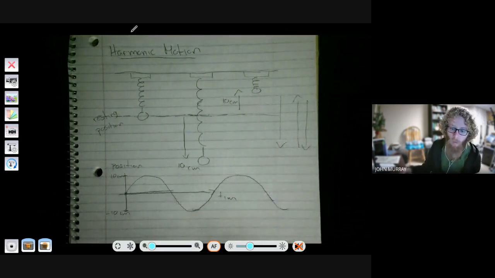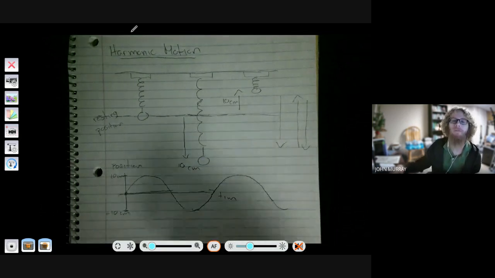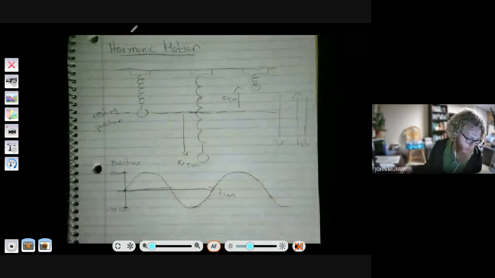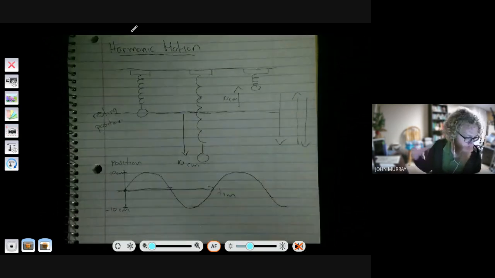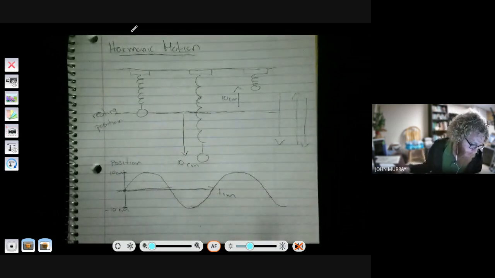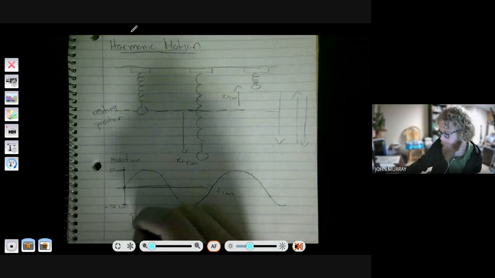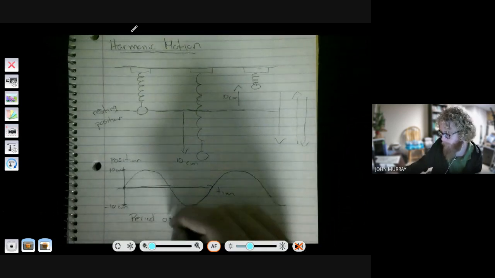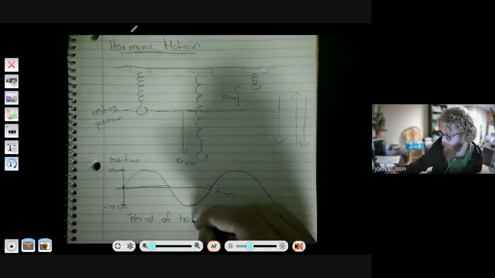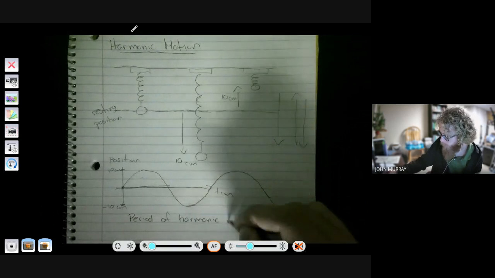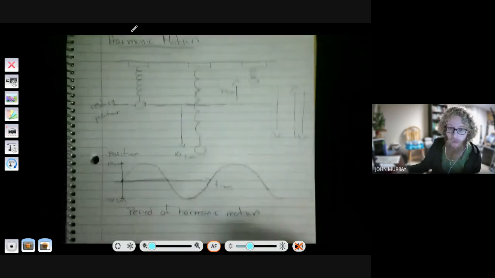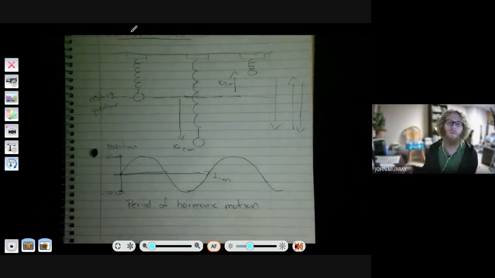Okay, so we can model the actions of a spring using trigonometry. Now, there are a few parts that tie over that we see. We have a period. The period's a little different.